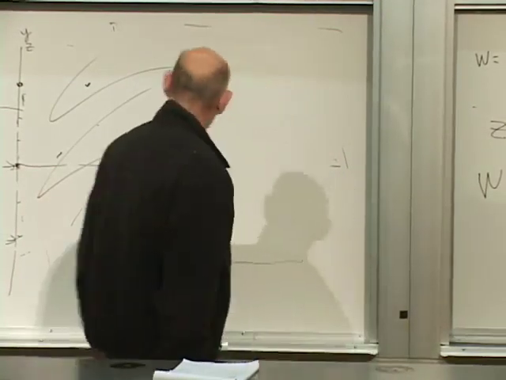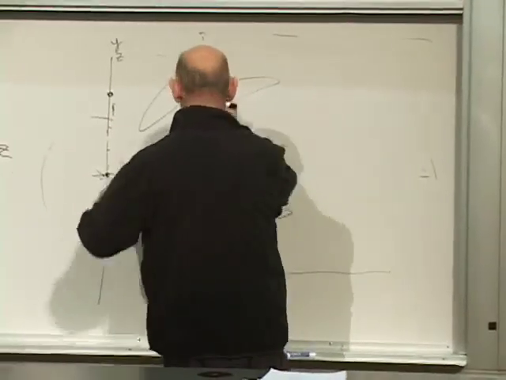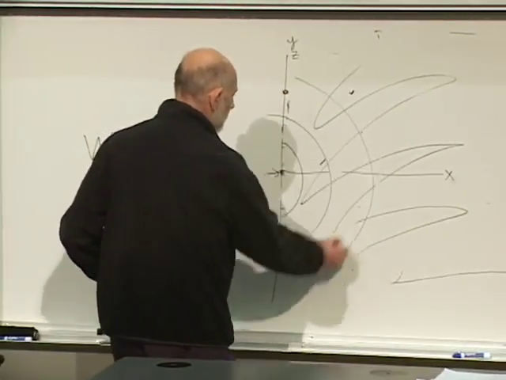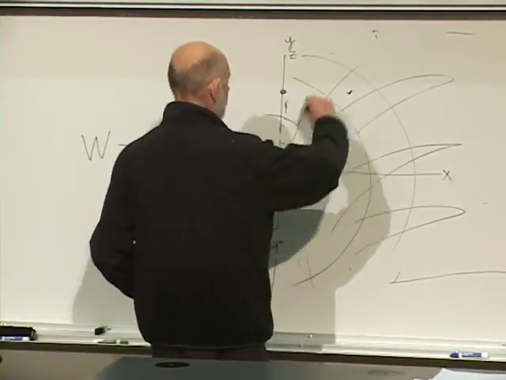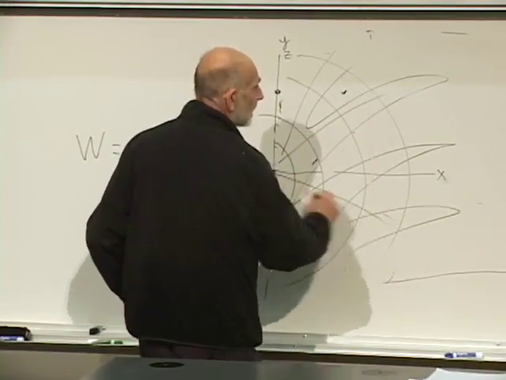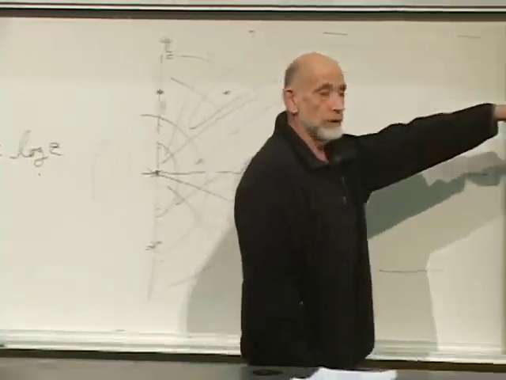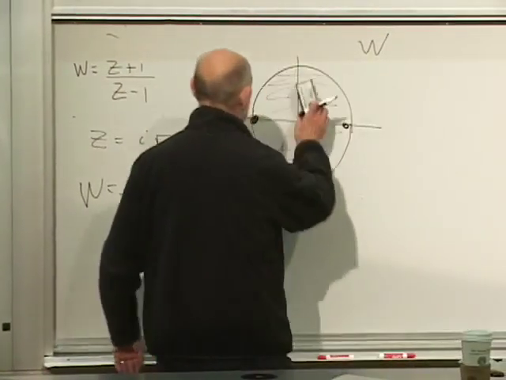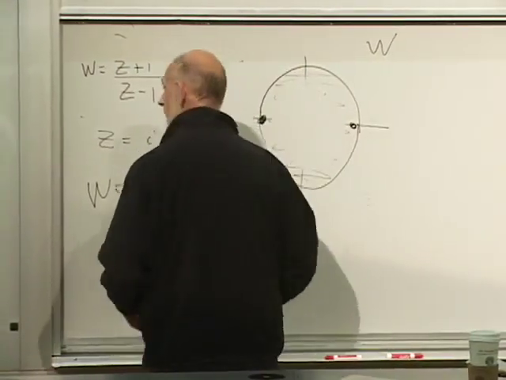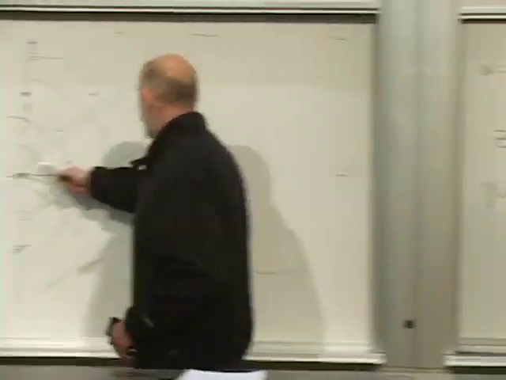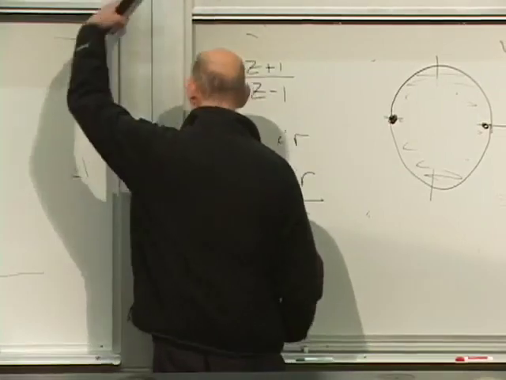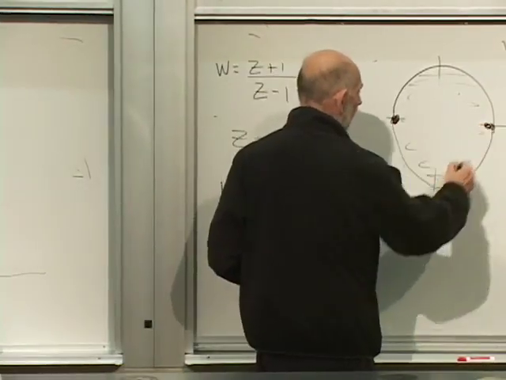Let's do one other thing before we finish with this. We started with these circles and these lines here. What do they look like on the unit disk here? Well, they look roughly like this. The radial lines start at one end and go out to infinity, but infinity was over here.